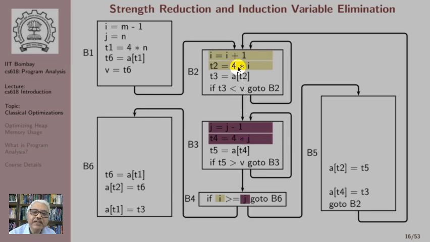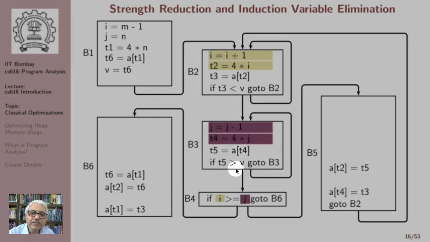What that means is that 4 star I can be replaced by T2 is equal to T2 plus 4. Similarly, this assignment T4 equal to 4 star j can be replaced by T4 equal to T4 minus 4, provided we insert an initial assignment to T2 and T4.